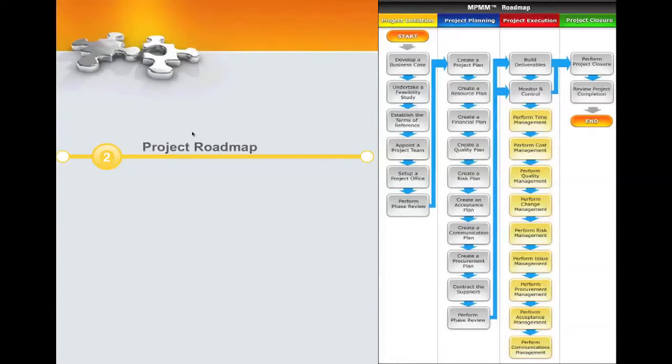It could be materials. The financial plan: what money, what budget, how are we going to get money? Do we need to finance it? How are we going to get the money for this project? Who's going to be paying for it? The quality plan, risk plan, acceptance plan, communication plan, procurement, how we're going to contract suppliers, and then again the phase in review.